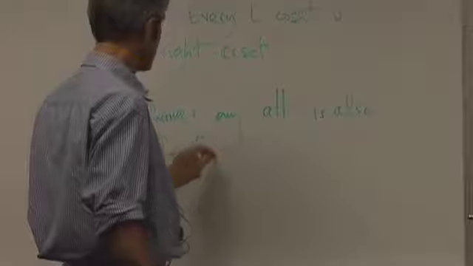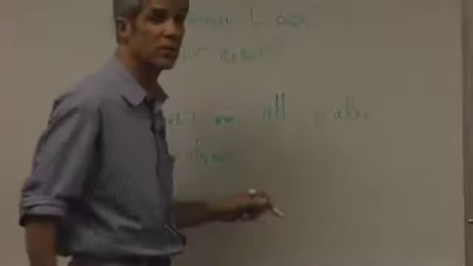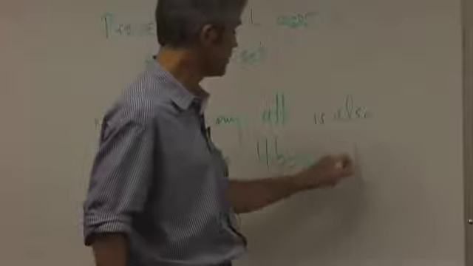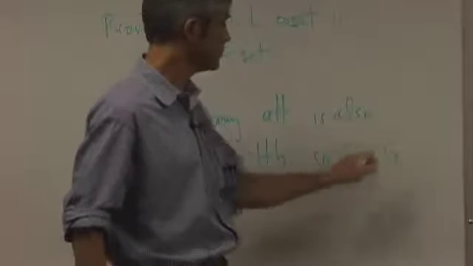In other words, all you're asked to prove is that each coset of the form AH is also of the form a right coset for some B. In other words, all you have to do is prove that AH is HB.